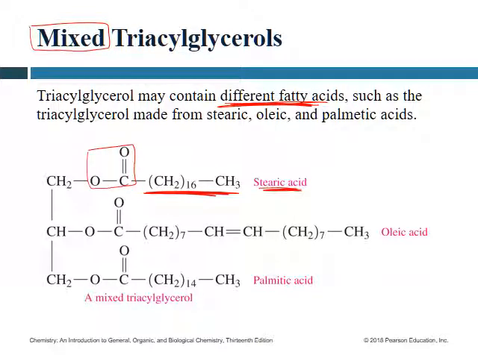The second fatty acid that we used in this example is oleic acid, and the third fatty acid is palmitic acid. So in this triacylglycerol, you have three different fatty acid attached to the glycerol molecule, right? So that's why we can say this is a mixed triacylglycerol.